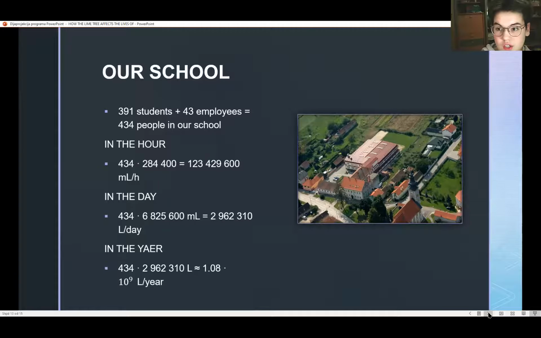In 1 day, that will be 2,962,310 liters of oxygen, and in 1 year that will be around 1.8 times 10 to the 9 liters of oxygen per year.